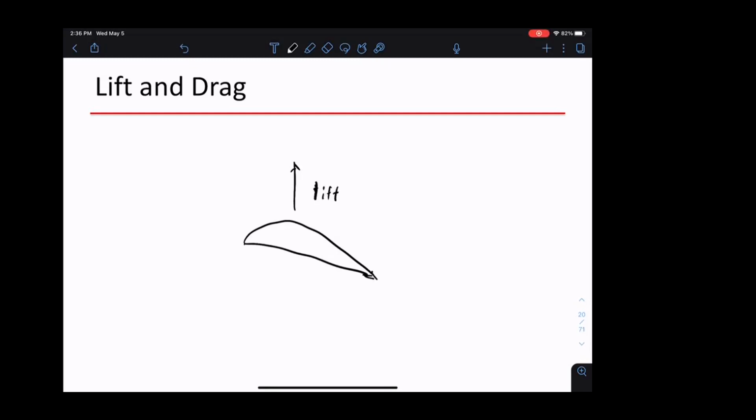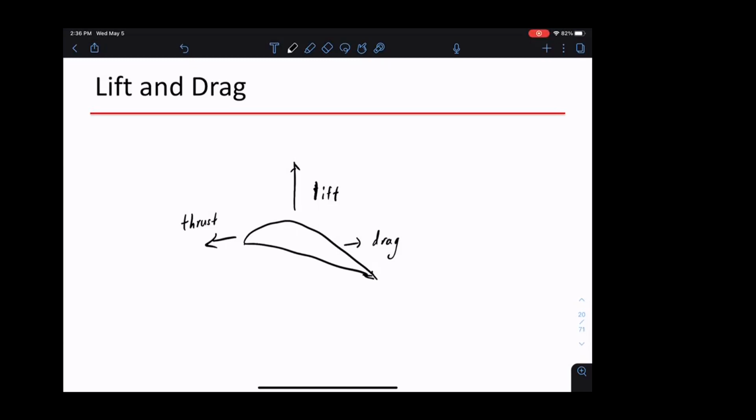Normally if this is an airplane, then you have a thrust, then you have drag. For an airplane, you're actually moving forward in space. But for a wind turbine, we really don't care about the thrust or the drag, because the blades are fixed on the tower. So for wind turbines, what we want to do is maximize the lift.